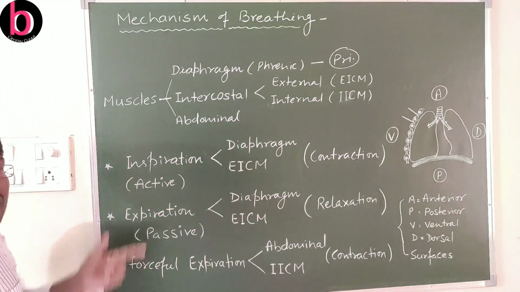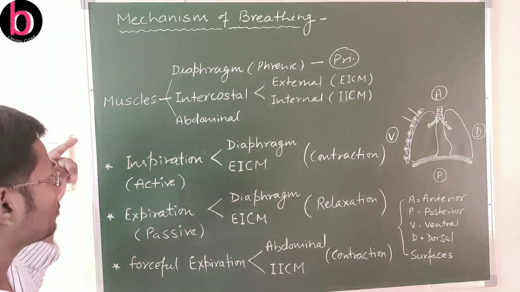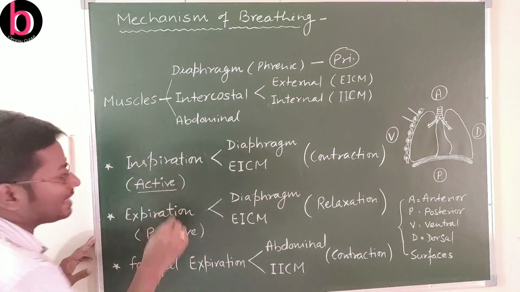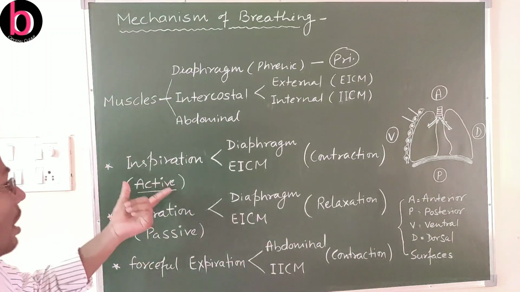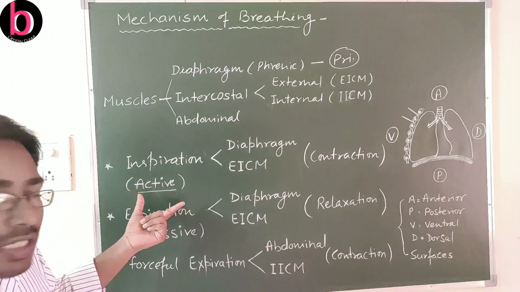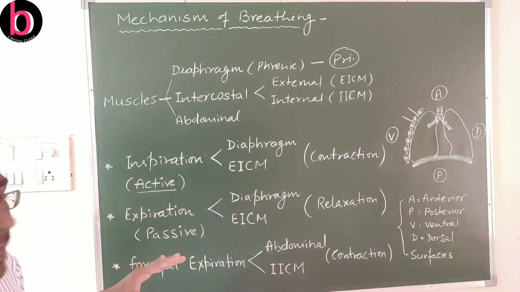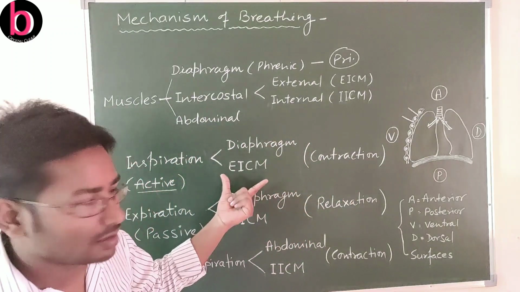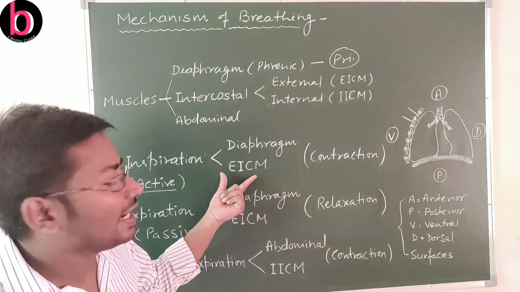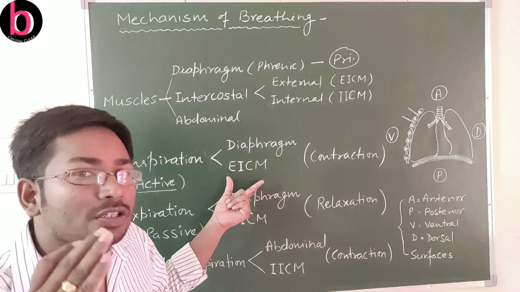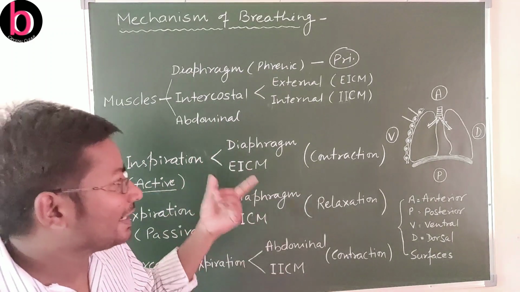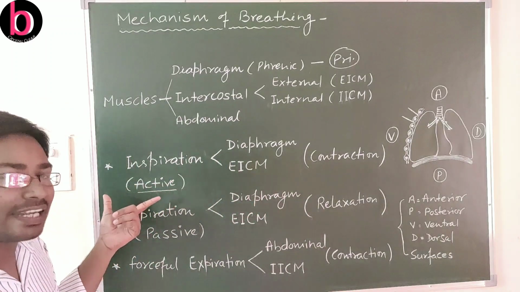Now what changes occur during inspiration? First thing, that is about inspiration. Inspiration is an active process. Why and how is this an active process? Because during inspiration there will be contraction in these two muscles, diaphragm as well as external intercostal muscles, they both are getting contracted, and that's why this is an active process.